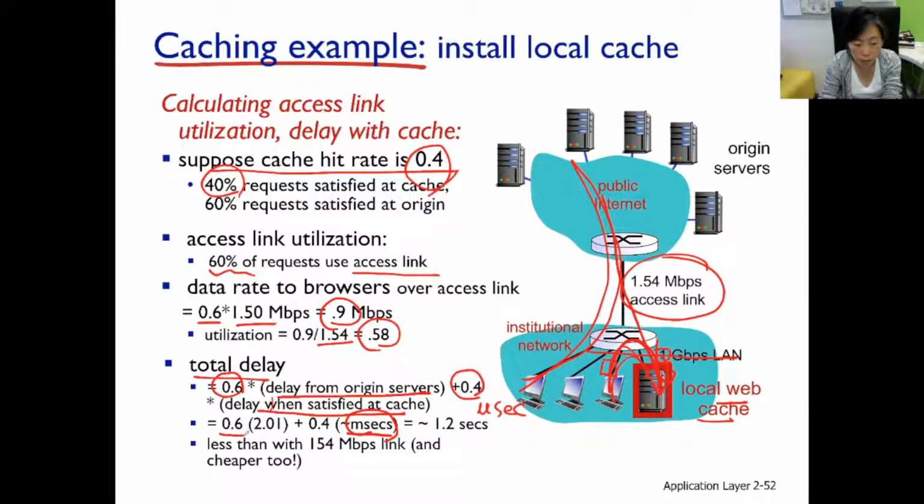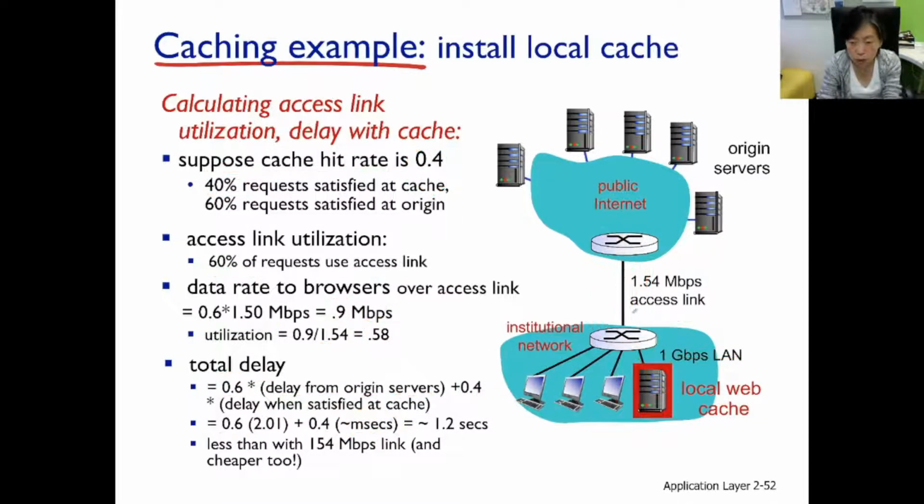Now, for the 60%, we'll have to go out and back, right? So this is very negligible. This part is the key component. This part, 2 seconds, we know for sure. So what's remaining is just the delay here on the access link with 58% utilization. Well, how much delay is this? If there's a lot of queuing delay, we go minutes. If very, very low, only 1%, we go milliseconds.